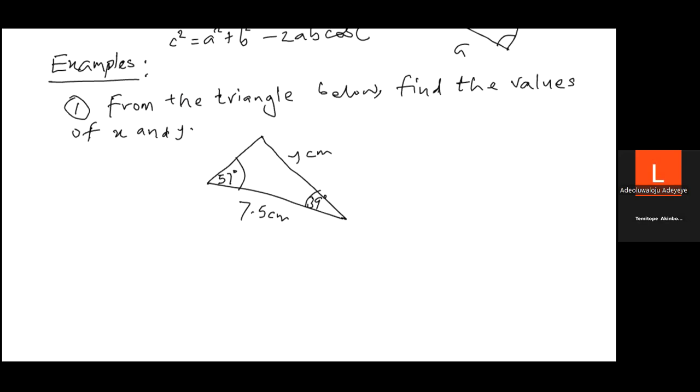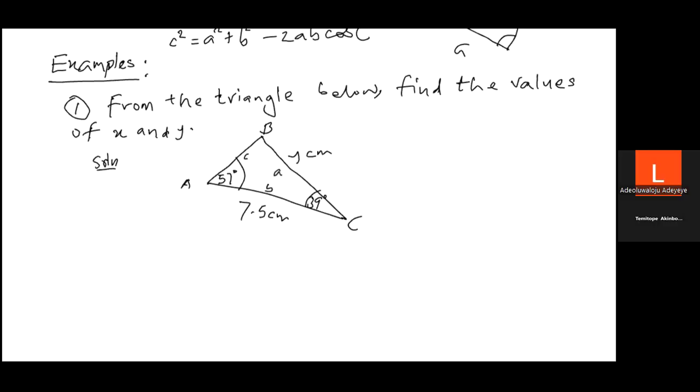So let's now tag the sides so that our work will be easier to handle. Let's call this A, B, and C. So if this angle here is A, then this side will be side A, this side will be side B, and this will be side C.